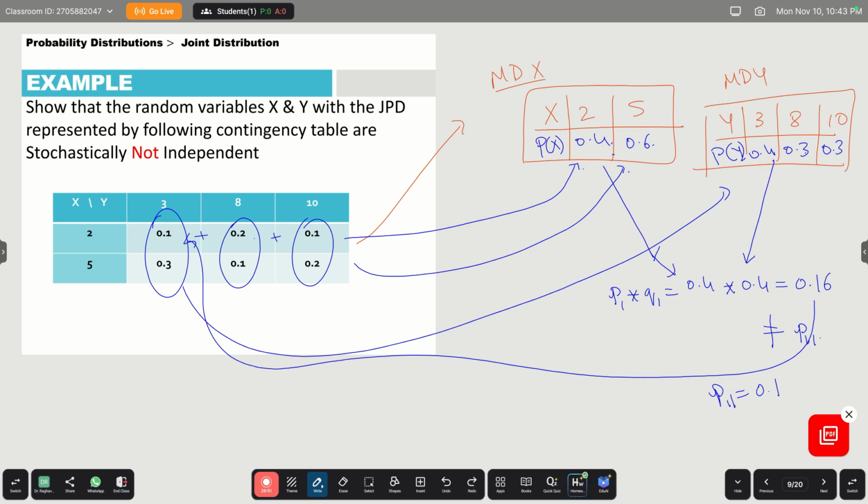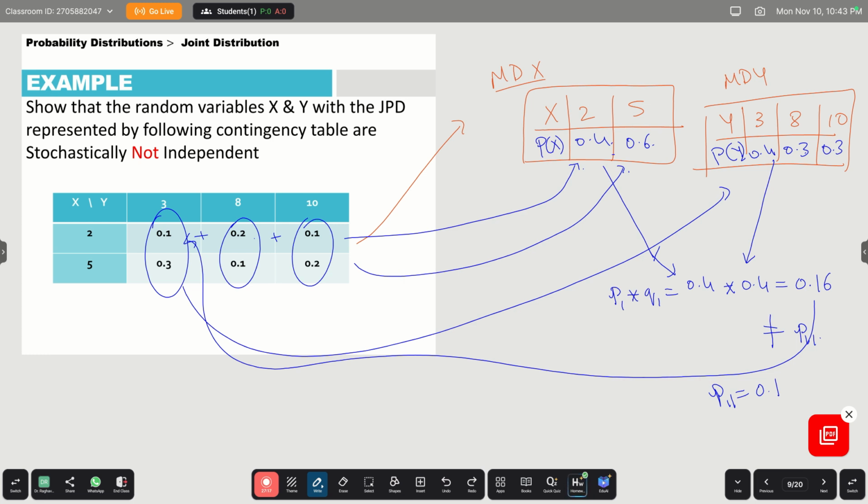So P1 into Q1 is not equal to P11. In the first calculation itself, we got to know that they are not stochastically independent. Even if for one Pi multiplied by Qj it fails to equal Pij, then they cannot be stochastically independent.